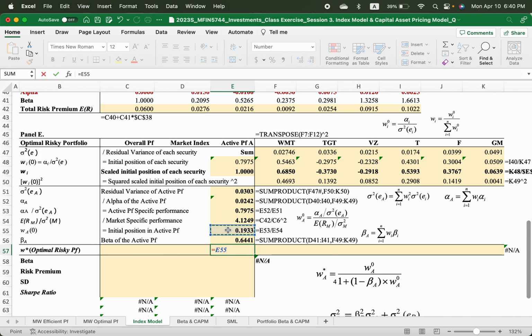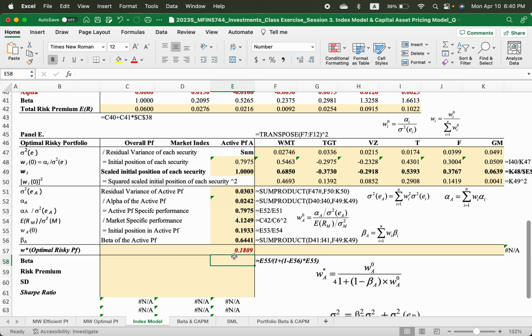The initial position in the active portfolio divided by 1 plus, open the parenthesis, minus the beta of the active portfolio, times the initial position one more time, and then close the parenthesis. So 18% is the optimal risk weight of the active portfolio.